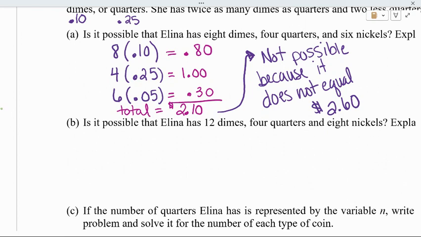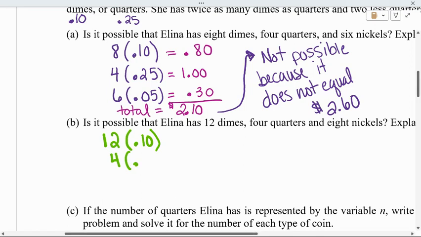Say it nice and loud. 12 times 10 cents, okay. Keep going, Loriana, you got it. 4 times 25 cents. And 8 times 5 cents, okay.